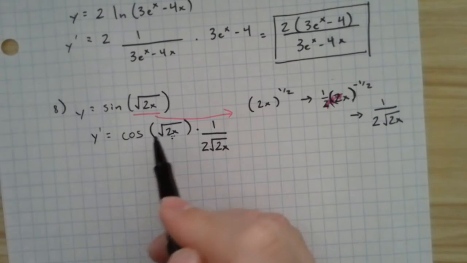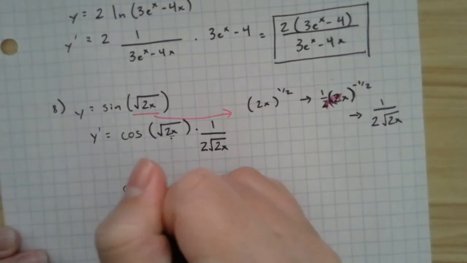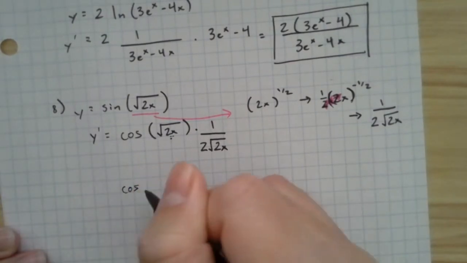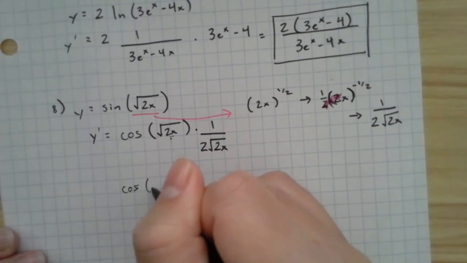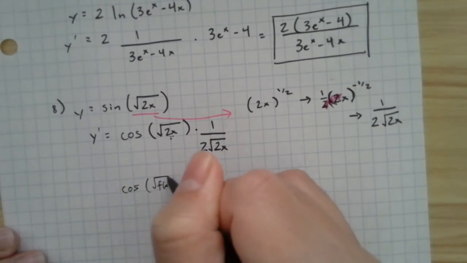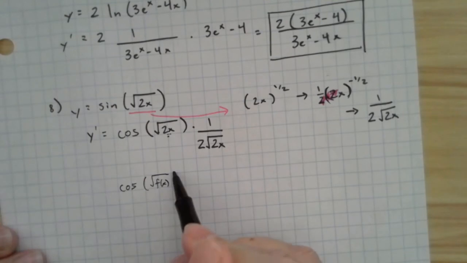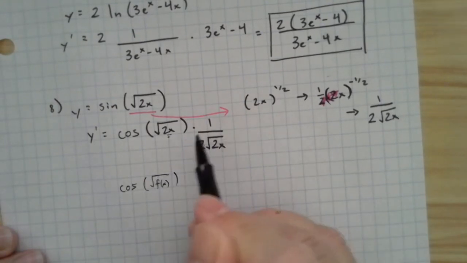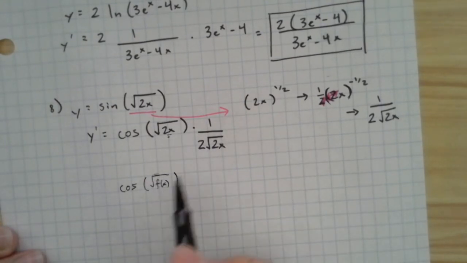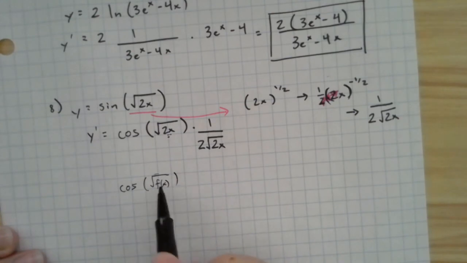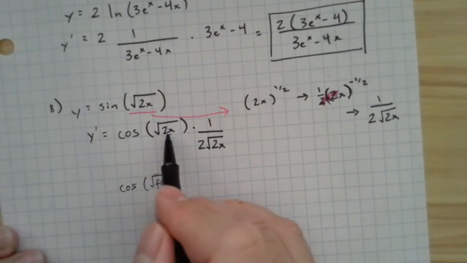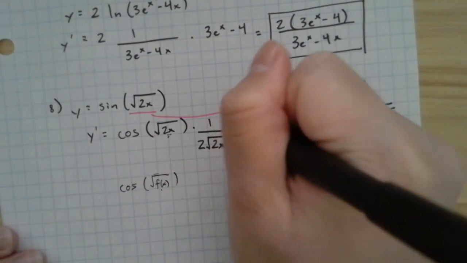The inside of the radical, okay, because the way to look at it, it's like you got cosine of square root of f of x, right? So you have to take the derivative of the radical of f of x, which we just did, and then times the derivative of the inside, f prime. In this case, 2x. The derivative of 2x is 2.